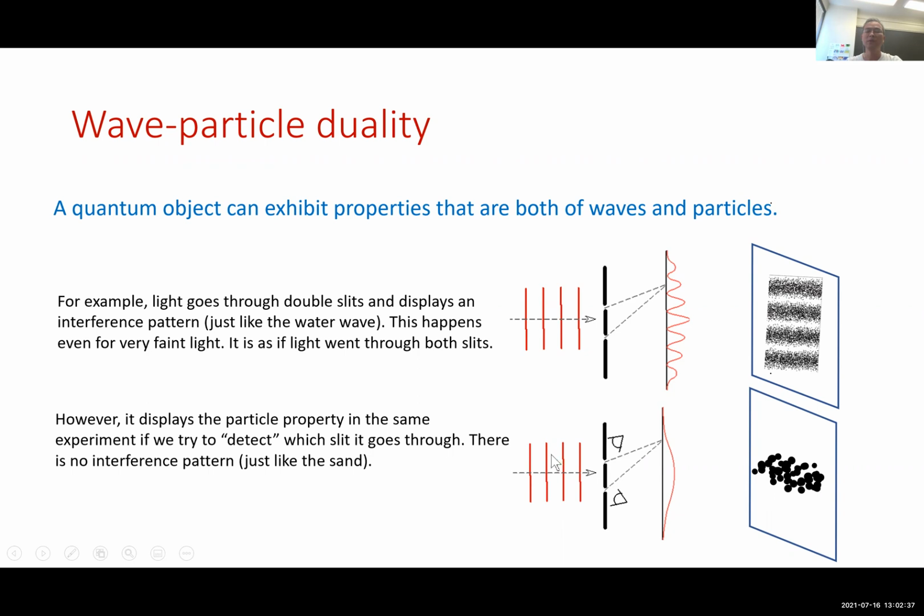If you repeat the same experiment with these detectors on, and you record the pattern at the screen, you see that the pattern looks exactly like blowing sand through the two slits. So in this case, the light, supposedly a wave, loses its wave property and exhibits particle property.